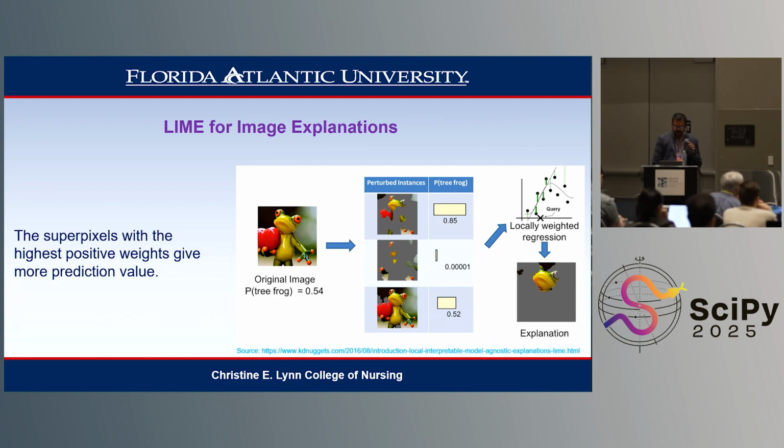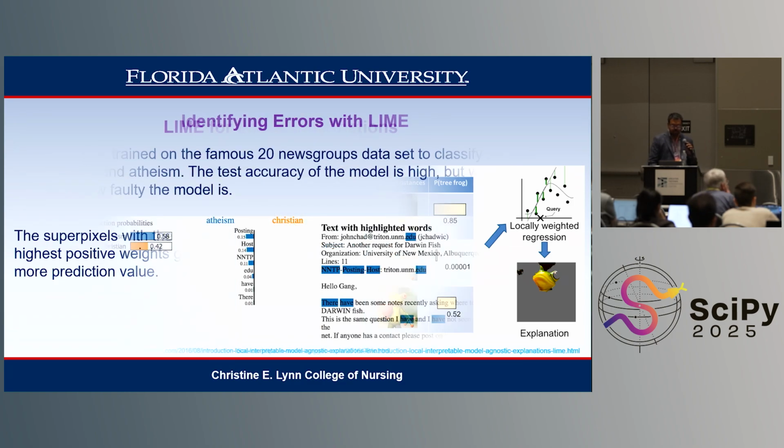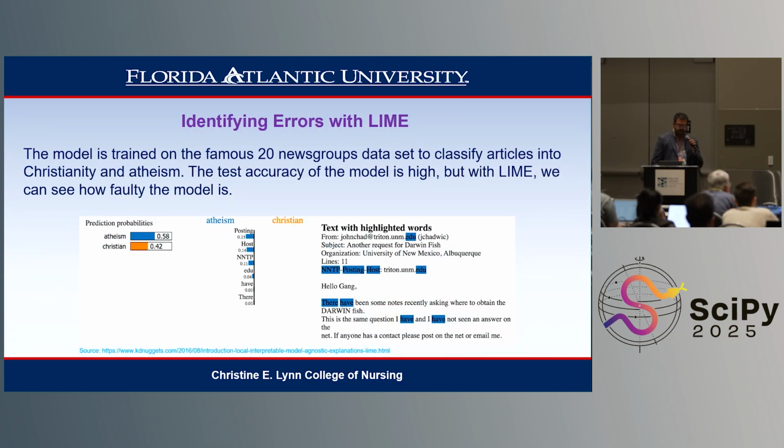So you mask the different regions and pass it to the model, and then you get different outputs. So this is a weighted plot for which masks are predicting how much, what the model is trying to predict, whether it's predicting the correct class or not. And from here, you can identify which mask is most important.